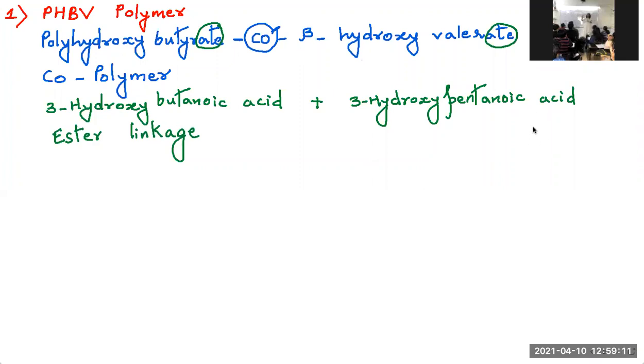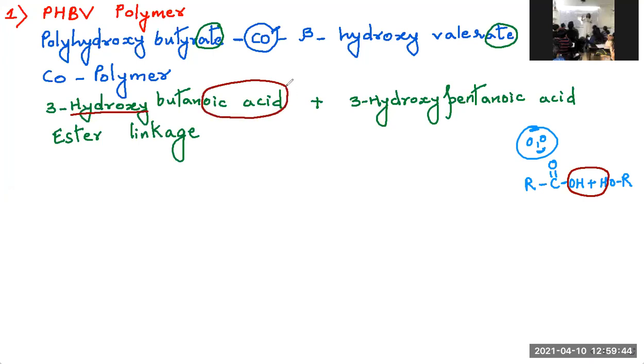See, first just recollect the basics of forming an ester. Whenever you are making an ester, it is the reaction of an acid with an alcohol, where as a student you should keep in your mind that acid gives OH and alcohol gives H. Now if you look carefully, this hydroxy is the alcoholic group and this oic acid is the acid group.